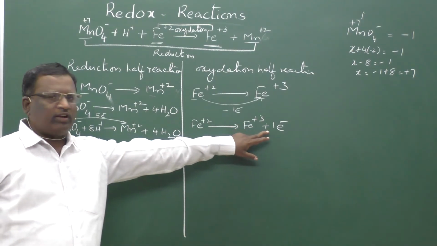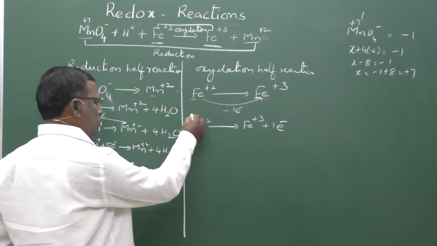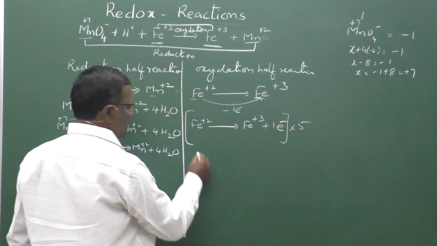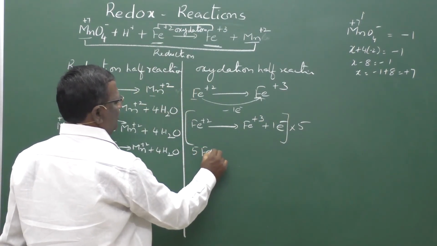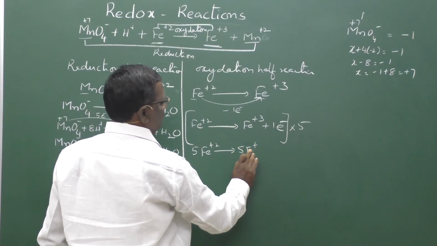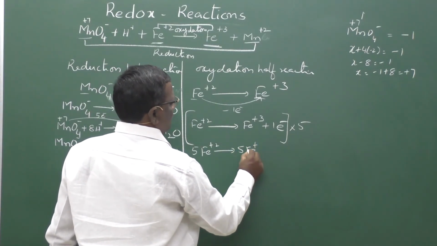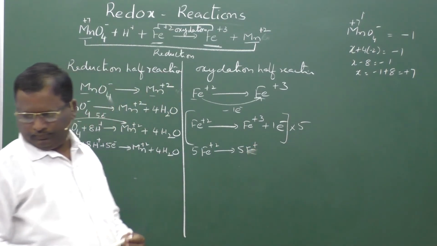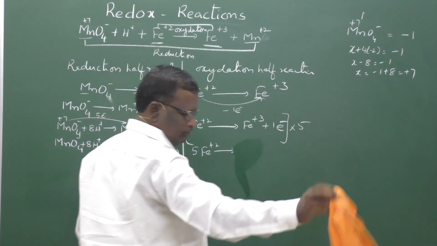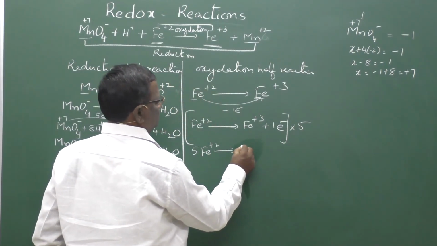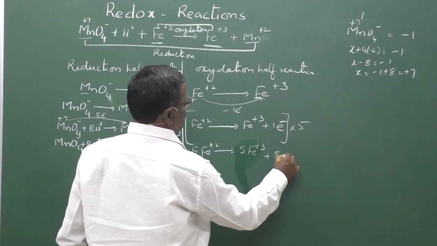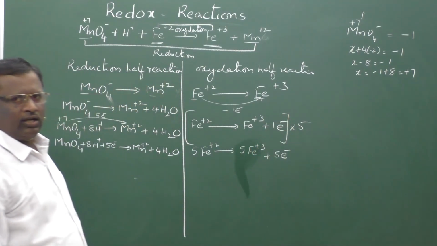Here also we require 5 electrons, so the whole half reaction should be multiplied with 5, so that you will get 5 Fe plus 2 gives 5 Fe plus 3 plus 5e minus. Now electrons are balanced.